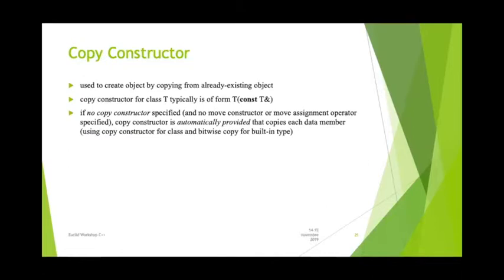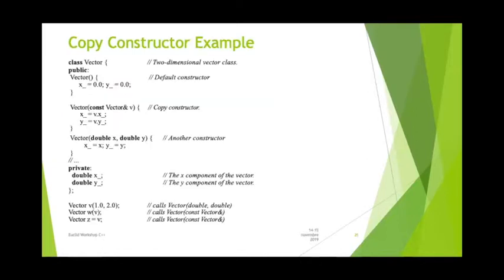So here is a copy constructor. What is copy? It is just used to copy existing objects. The copy constructor form is defined like class, const class, and ampersand. T is a kind of template. I will tell you later, maybe in the next session. So it defines the template. It's a class, and if no copy or move constructor is there, then the compiler does the same. Here is the copy constructor example. We have a default constructor, we have another constructor, and now here is the copy constructor.